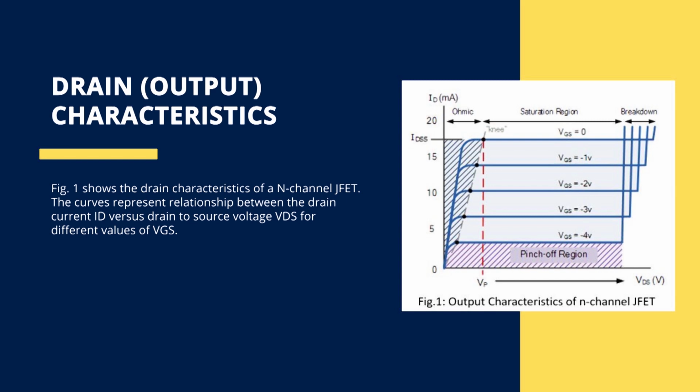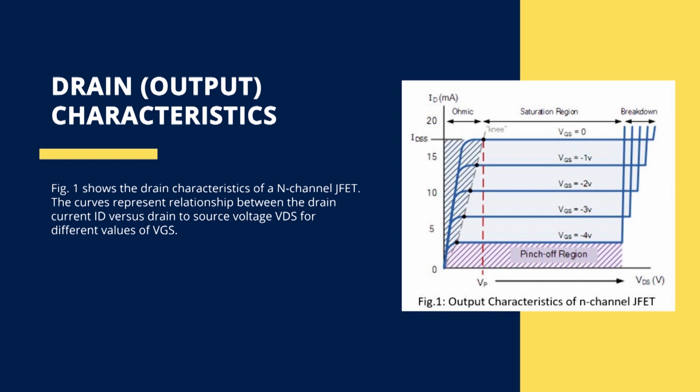We can see there are various curves in this single figure. These are for different values of VGS. First it is for -4, then -3, then VGS equals -2, and then -1.